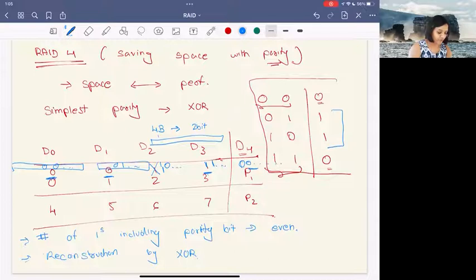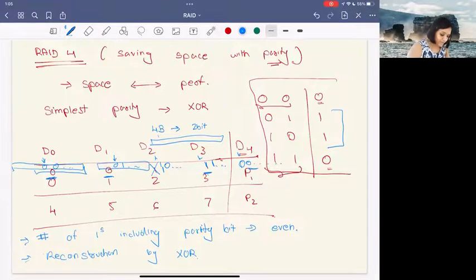And when we compute the XOR logic, we do not need to worry about the whole 4 bytes. That's the best thing. We can just do a bitwise XOR. So we can just do XOR for the first bit to compute the first parity bit, and so on and so forth.